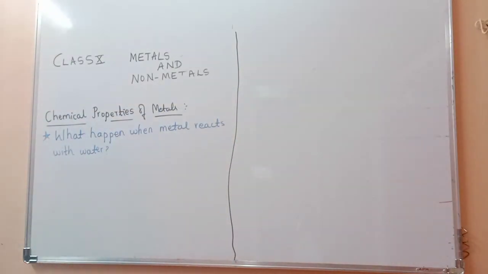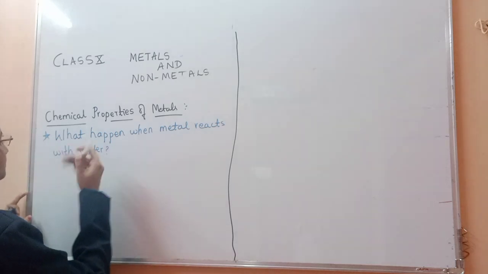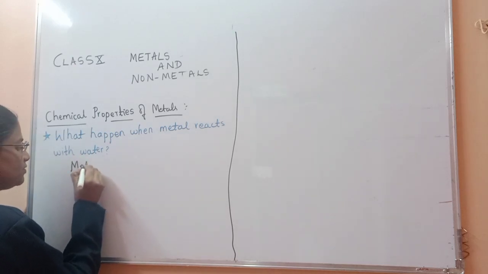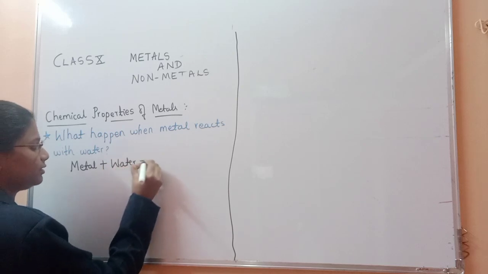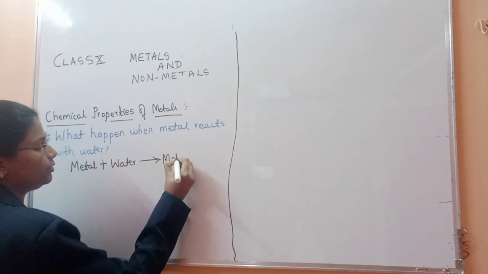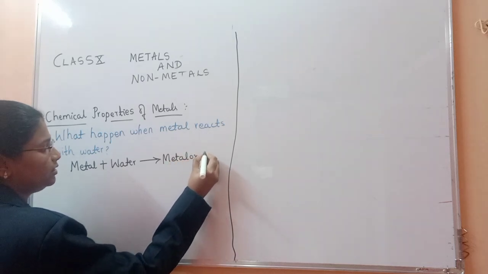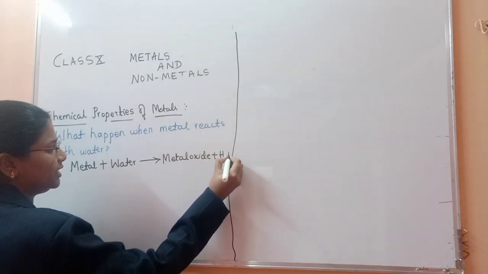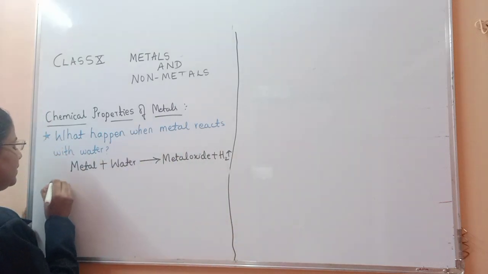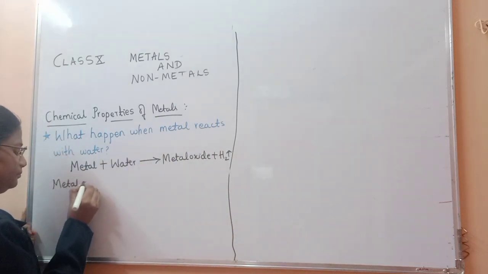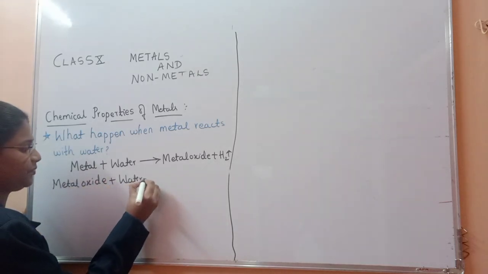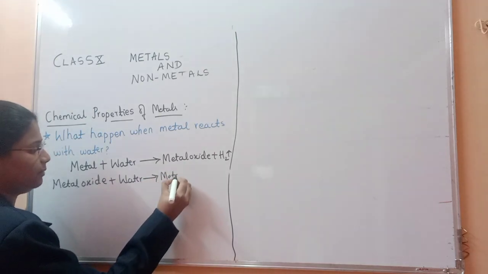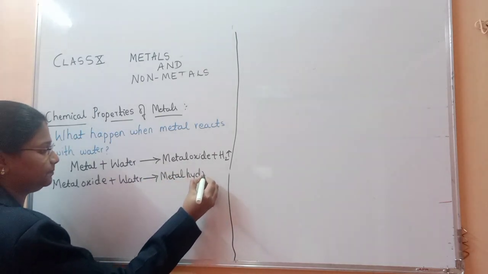We can write the general equation as: metal plus water gives metal oxide plus hydrogen gas. Next, metal oxide plus water gives metal hydroxide.